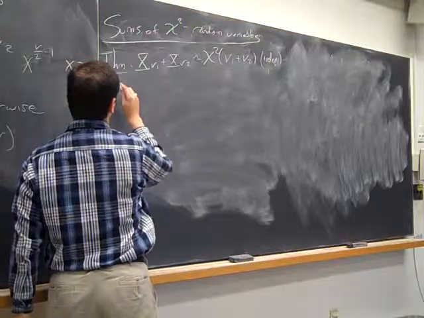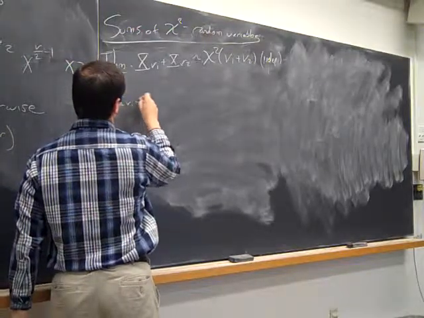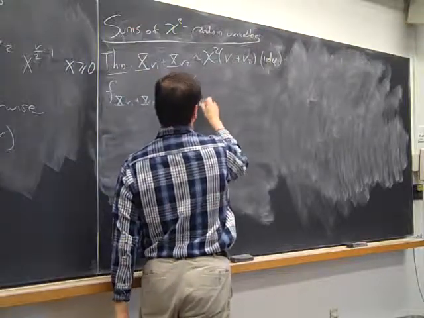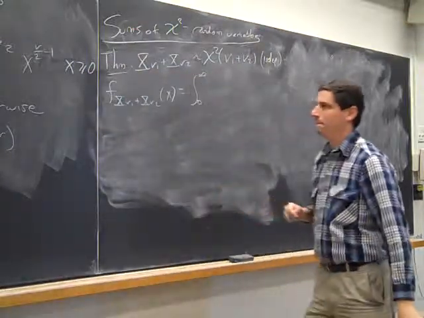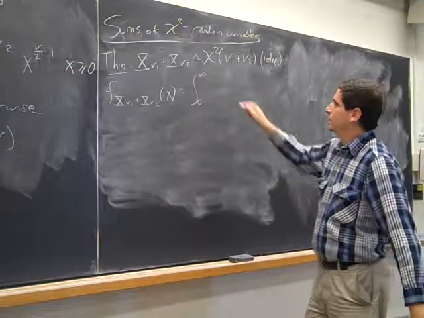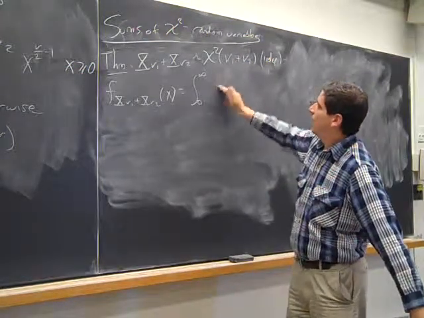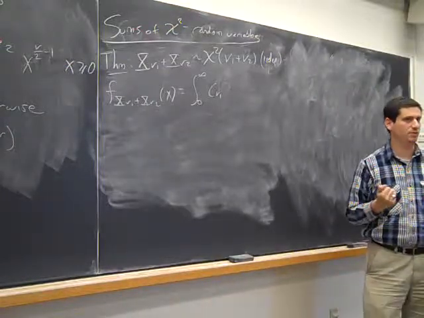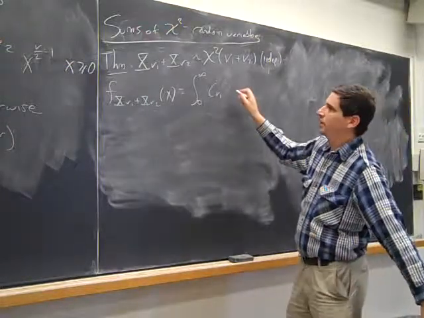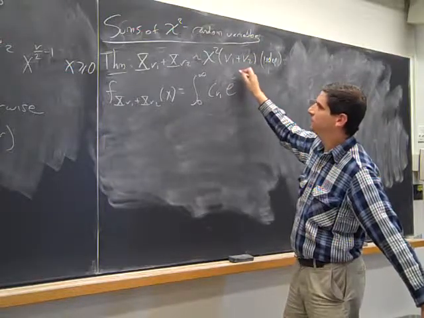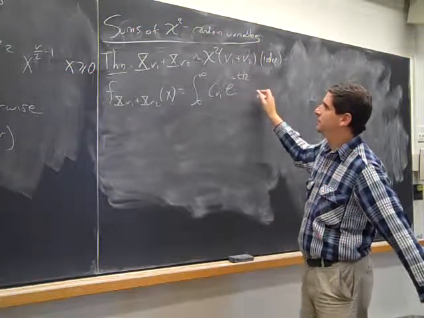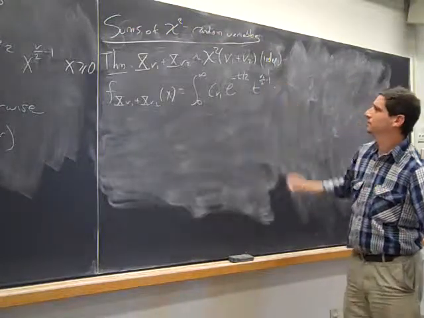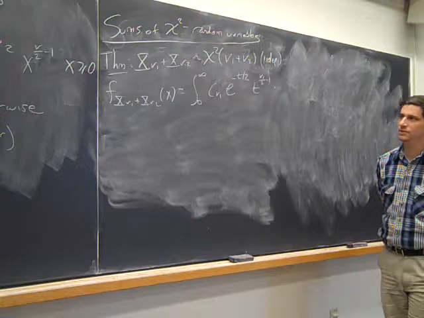So the density function of chi-squared nu1 plus chi-squared nu2 is the integral from 0 to infinity of 1 over, I'm going to let c nu1 be the normalization constant of my first chi-squared random variable to save some time. So then I'll have e to the negative t halves, t to the nu1 over 2 minus 1. We've got to be a little careful.